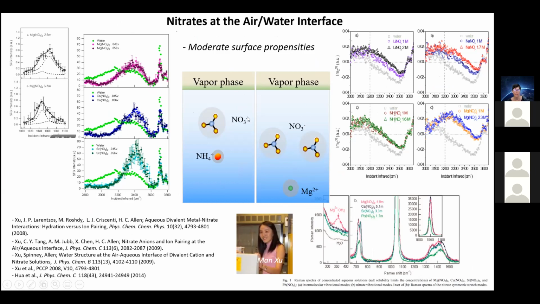And in the end, what we are able to do is draw a picture of saying at the air-water interface, we assert from our data that nitrates, for example, are more surface active than the cations, and that's because we can see the direction of the water, where hydrogens are up in this case for nitrates, and we've also looked at actually nitrate modes, comparing different salt systems.